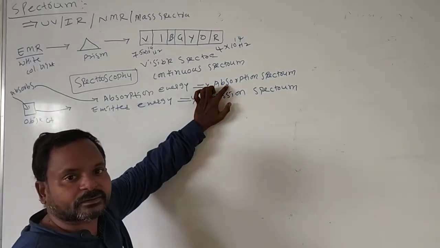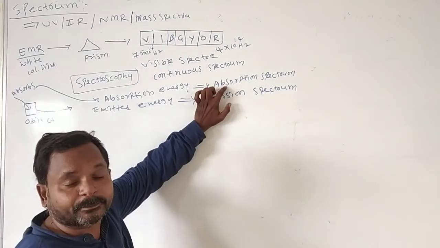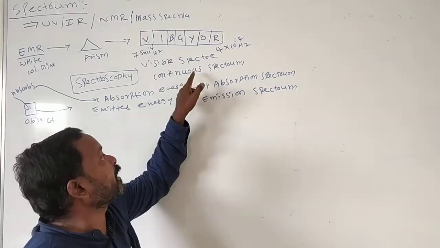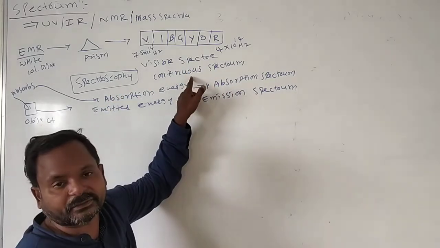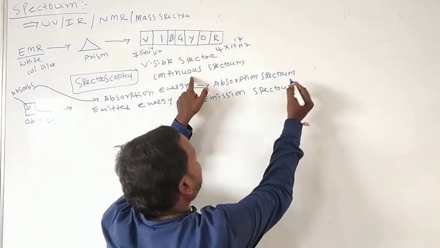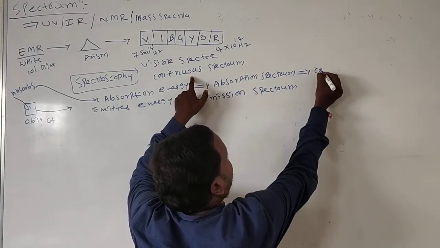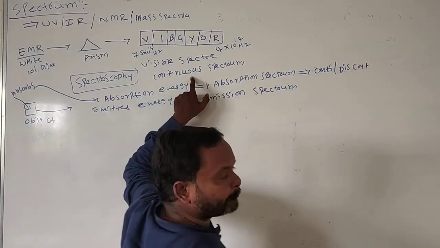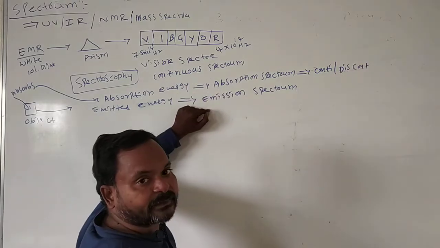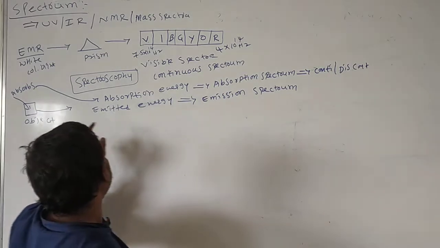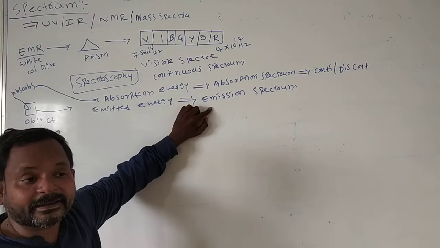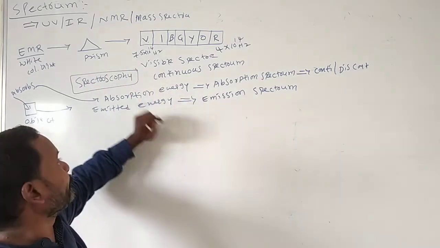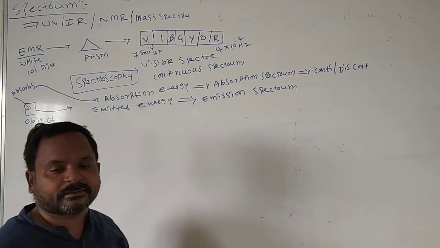Okay, what is the absorption spectrum? When we pass absorbed energy through prism, we get a continuous or discontinuous spectrum. Emission is also the same. When we pass the emitted energy through a prism, we get a picture.